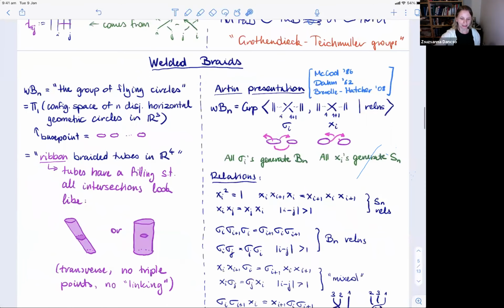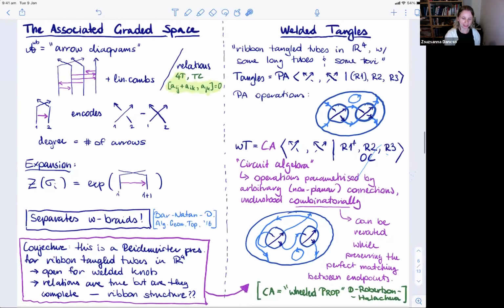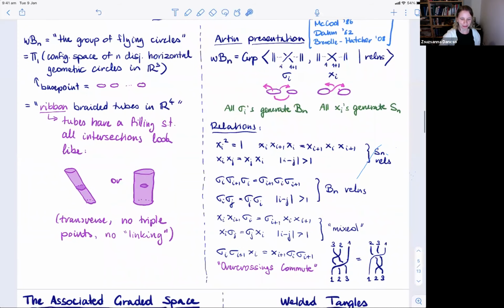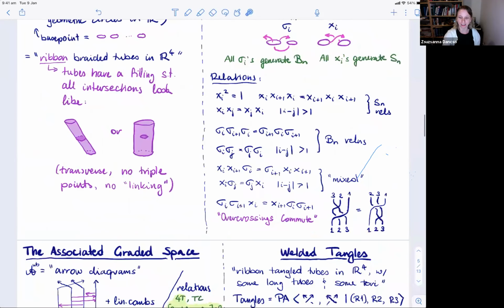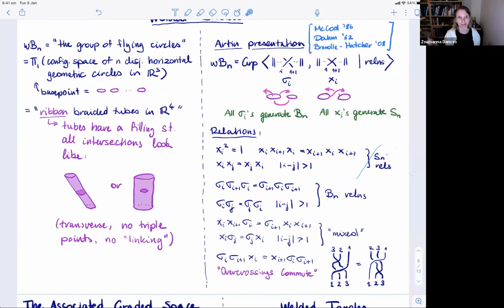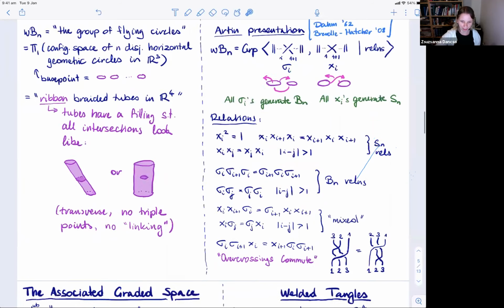Here, the homomorphic expansion is simply sending the crossing, which is one of the generators, to an exponential of an arrow which goes between the strands which are involved in that crossing. And I didn't write it, but it sends all the virtual crossings to just empty arrow diagrams. So those don't participate in determining the value of the homomorphic expansion.